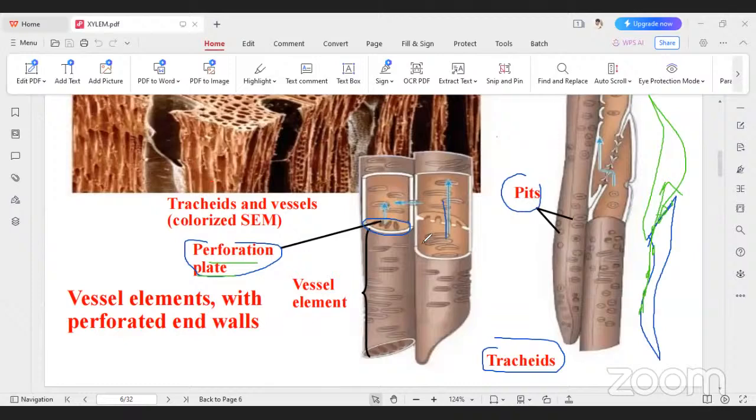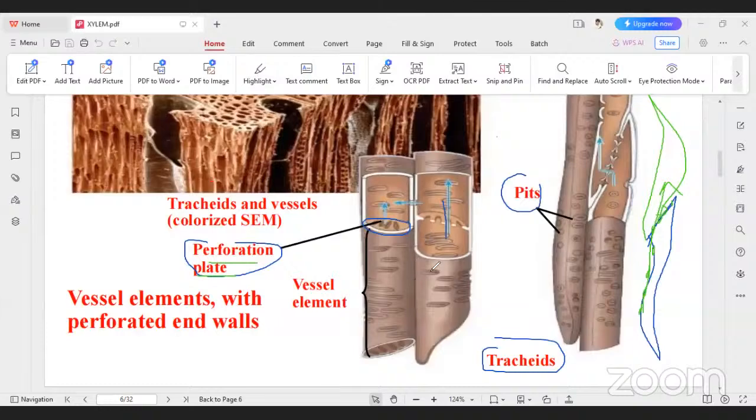Sir, my point is, vessel elements can exchange water between them, no? Yes, exactly.